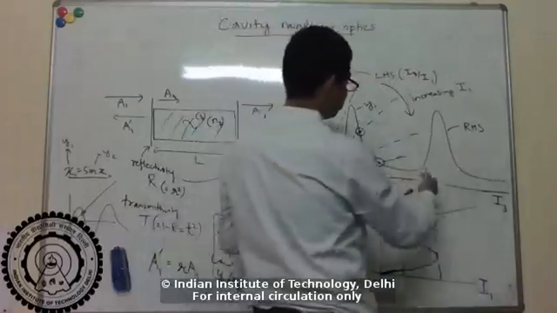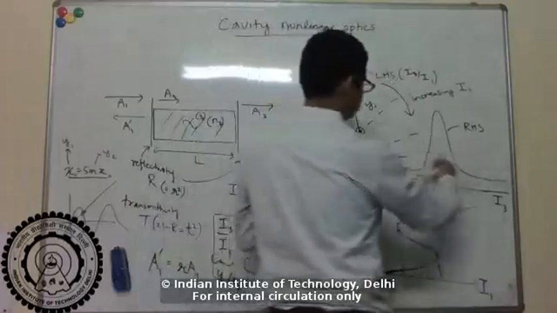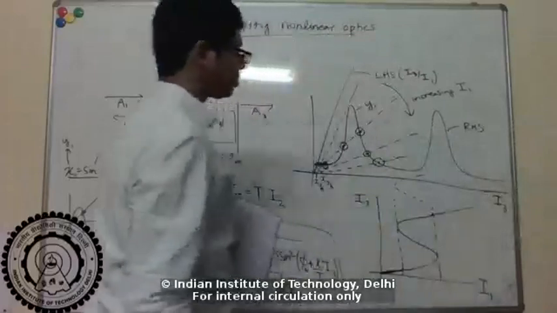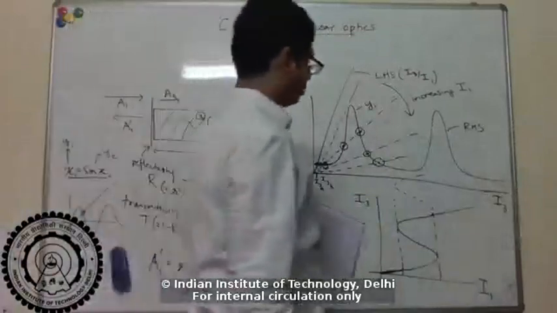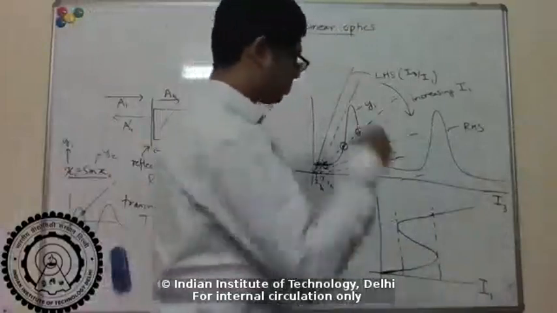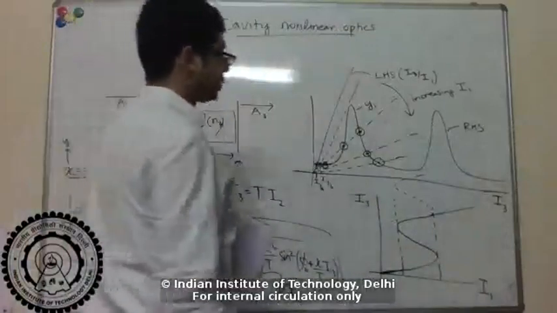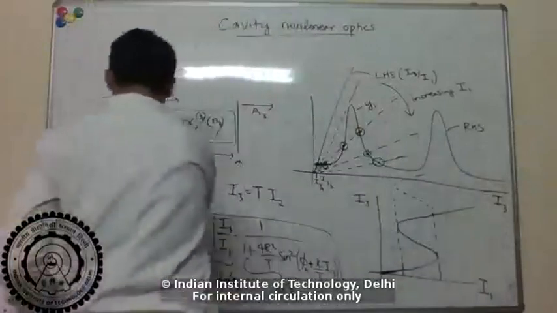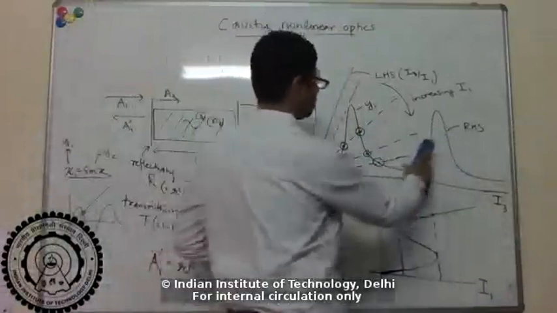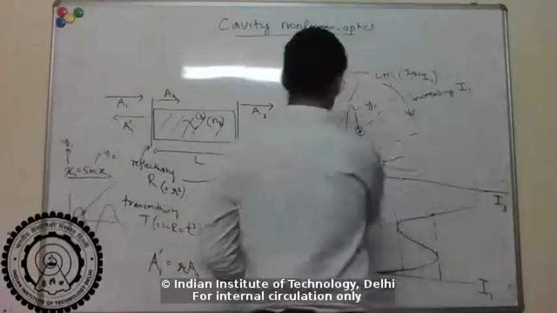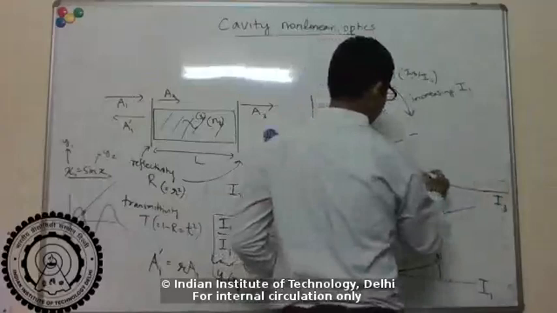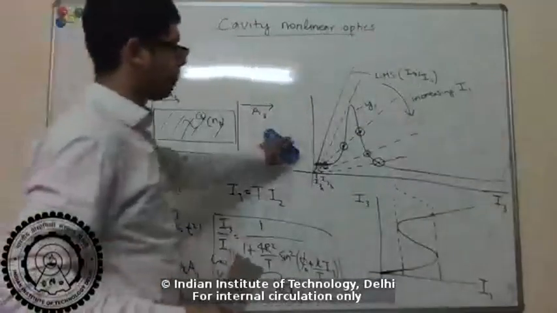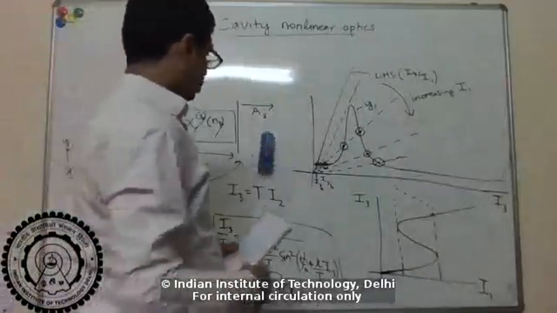I'm not on some scale, but let's say this happens. This is much further away. Just to keep matters a little simple, let's say the other one is very far away.